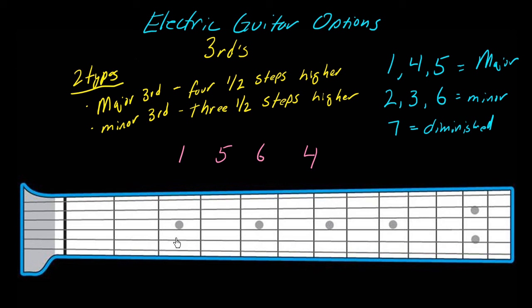Just real quickly, I'll show you what this would look like. On the 1 chord, it would be that. On the 5 chord, it would be this. On the 6 chord, it would be this. And then on the 4 chord, you would play that. That's how you play thirds.